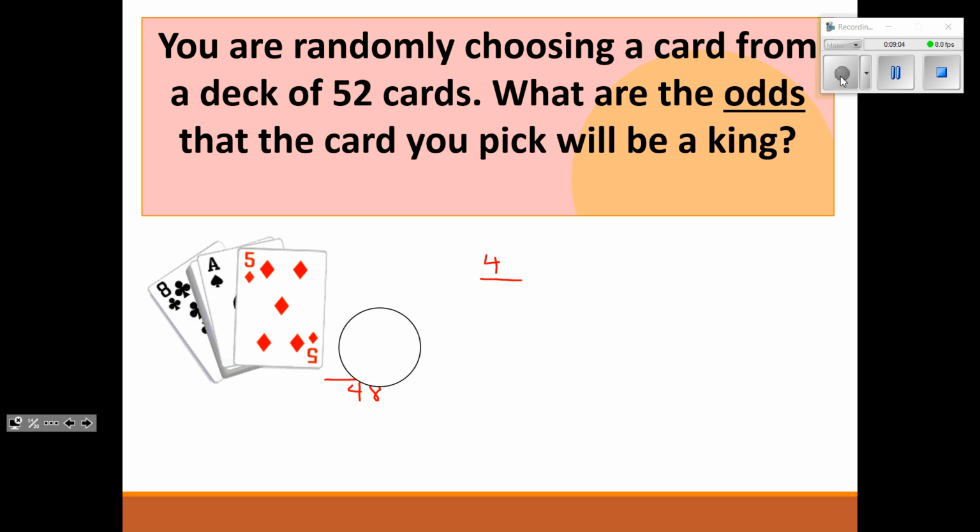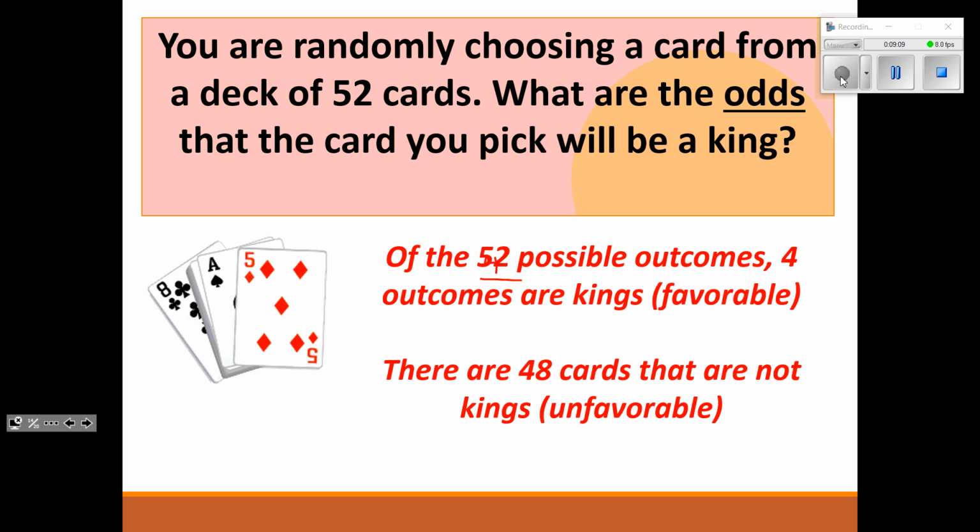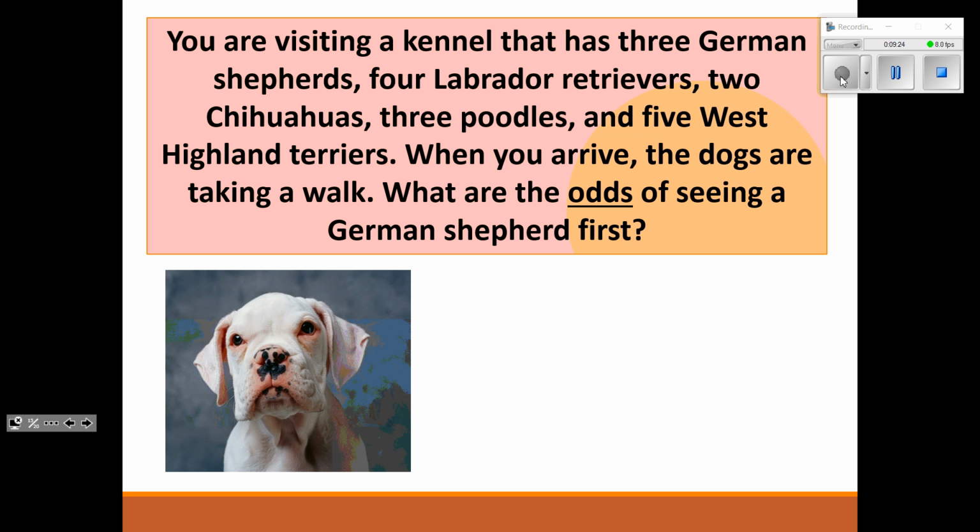So the odds of it being a king would be 4 to 48. And you can simplify 4 to 48 just like it were a fraction. So 4 to 48 would be simplified to 1 to 12. It's a ratio, so we read it 1 to 12, not like a fraction.